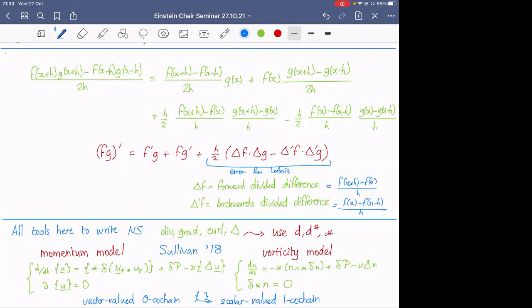There's one more operation needed here, which I wrote at the bottom, but I'm not going to go into it: an operation which goes from vector-valued 0 cochains to scalar-valued 1 cochains. But the important feature is, of course, it's not linear. And so we have a multiplication here or here. And so what we want to do is to study this error from being Leibniz in a quantitative way.